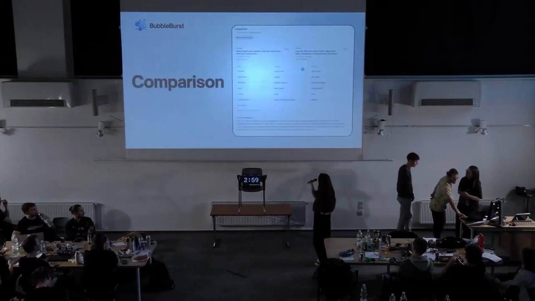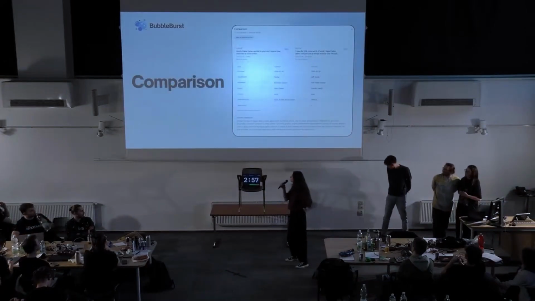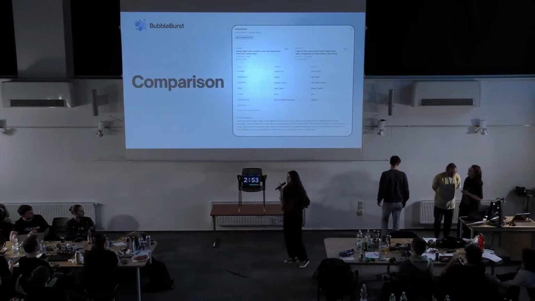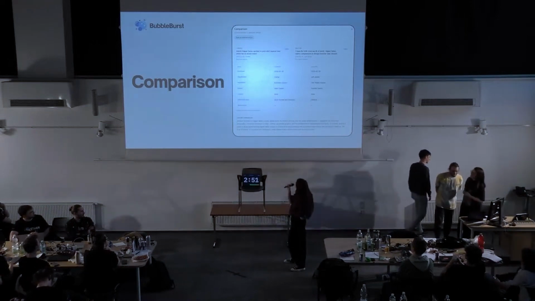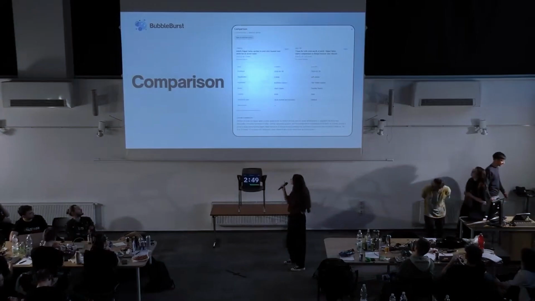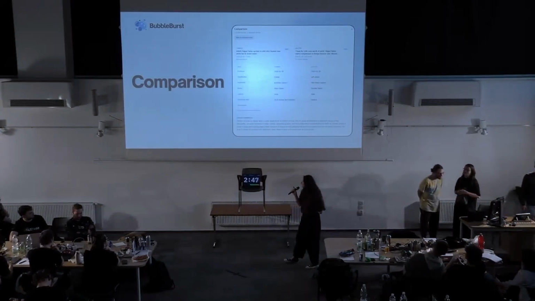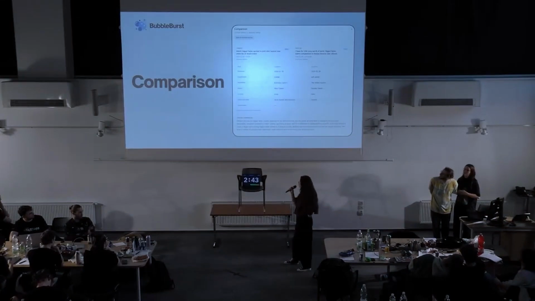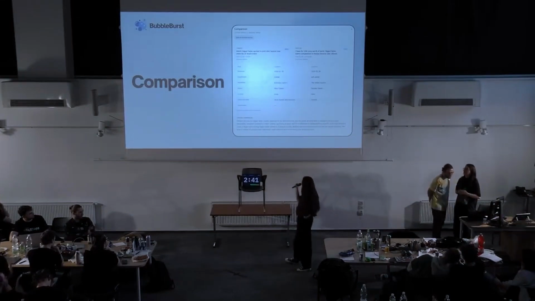And now I'm going to go through some extra features that you'll actually see in the demo in a moment. First is comparison. This feature lets the user see an AI overview of the differences between the two articles that the user chooses.